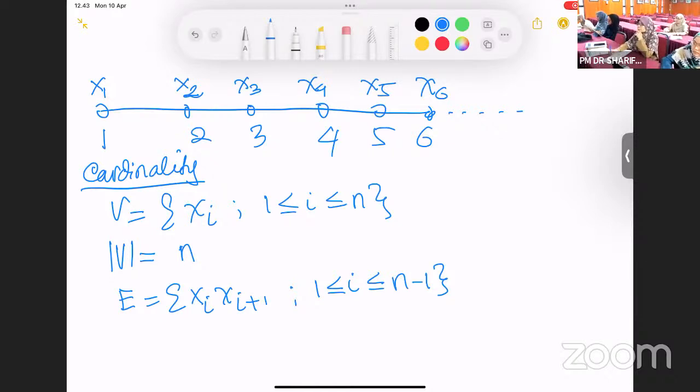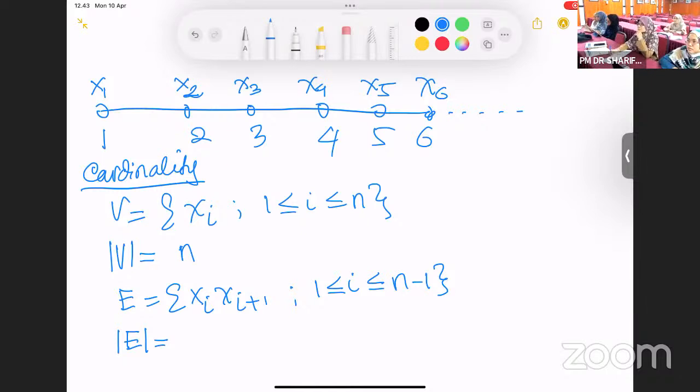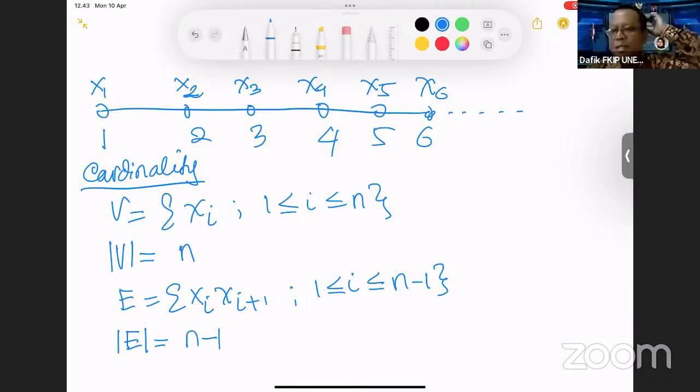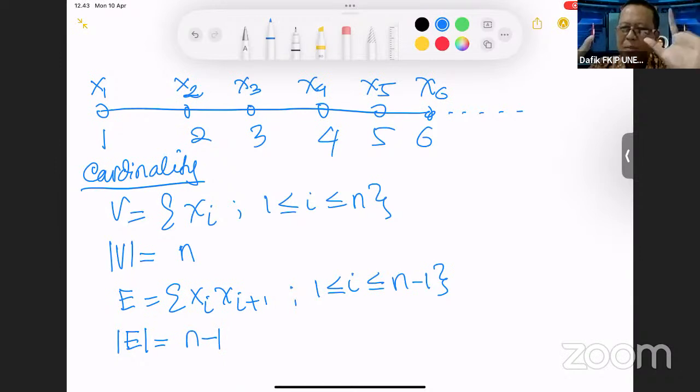So what is the cardinality of H? n minus 1. We need this calculation first before we develop an algorithm or a bijection function. Sorry, injection function.